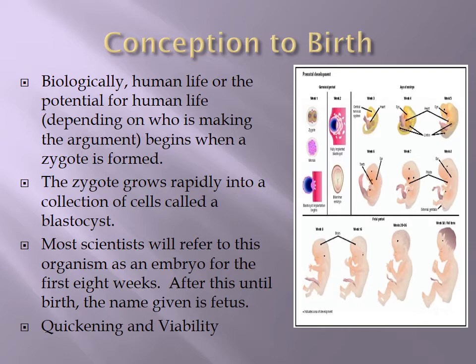Of course, the earliest viability is much more risky, and certainly the later one goes, the more potential for that life to be viable outside the mother's womb. Your textbook, which is very close to what I've heard in the past, puts viability at 23 to 24 weeks. What I'd heard in the past was 25, so we're all in the same ballpark.